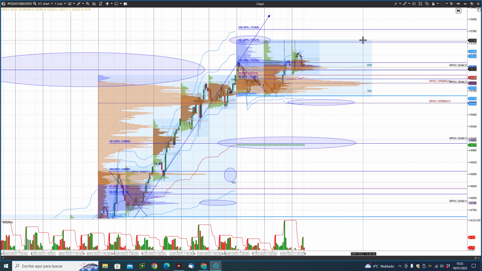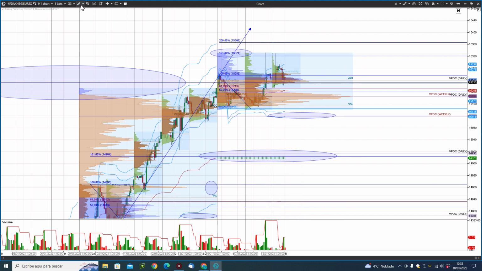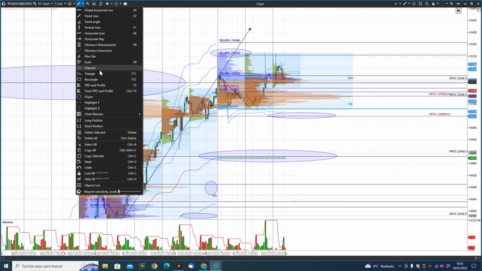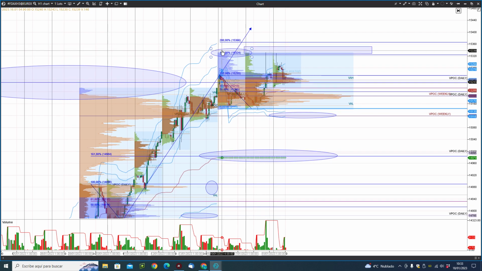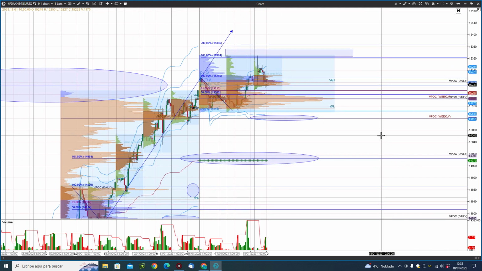It touched this. Now the price has been rejected here. This is a very interesting price action zone, and it will be our upper target for today. Go again to the max of this week.